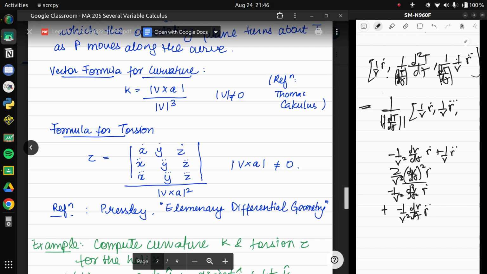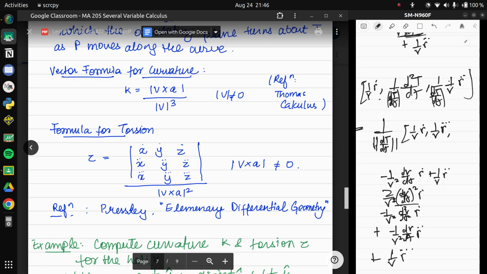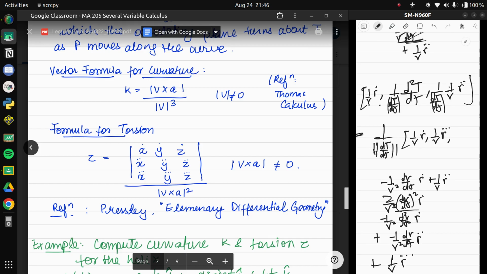So this is covered by that, this is covered by that, this is covered by that. All of this is perpendicular, so none of this really matters. Plus 1 upon v r triple dot. Yeah, that's the way it is. So we just have 1 upon v r triple dot over there.